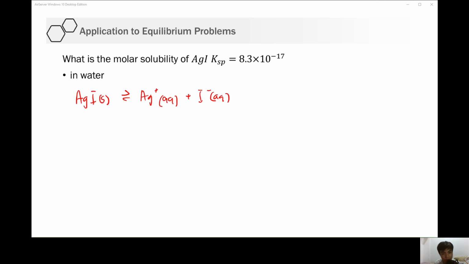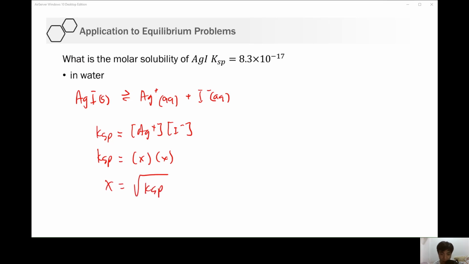So if we construct the ice table, we will get Ksp equal to the concentration of Ag plus times the concentration of I minus. Using ice table, the concentration of Ag plus is x, iodide is x also. So we have Ksp equals x times another x. Okay. And then to solve for the molar solubility, we just solve for the value of x. That will just be the square root of Ksp.